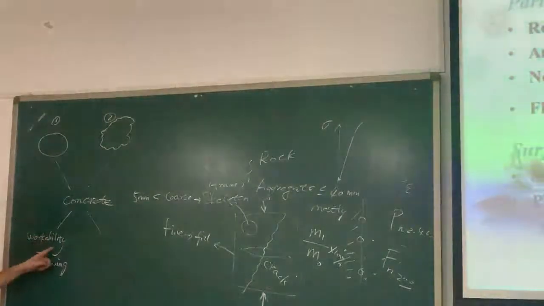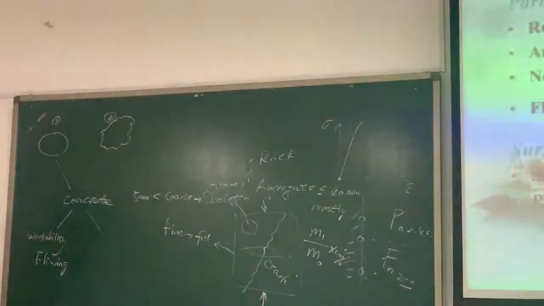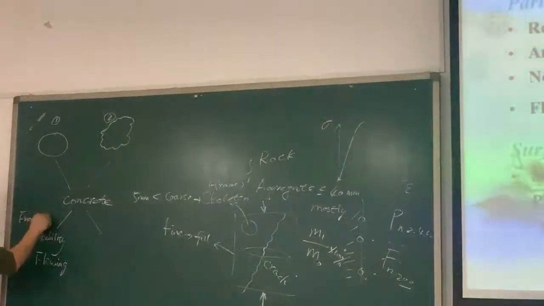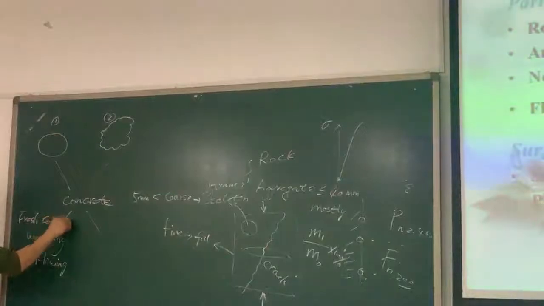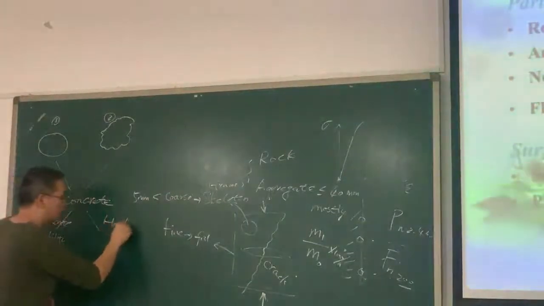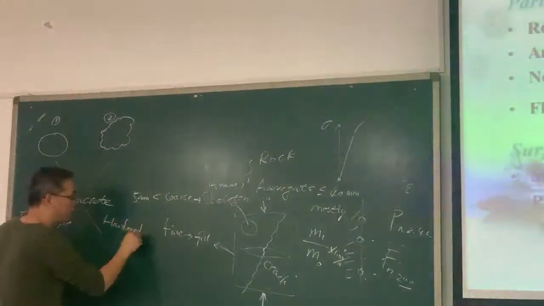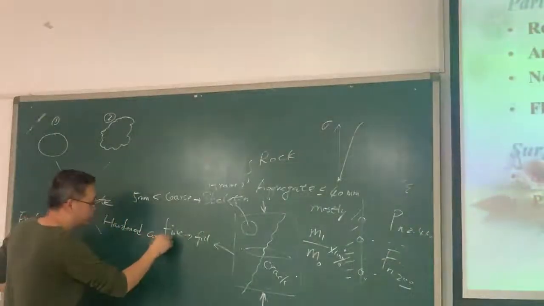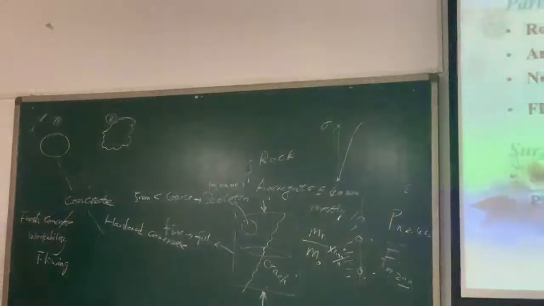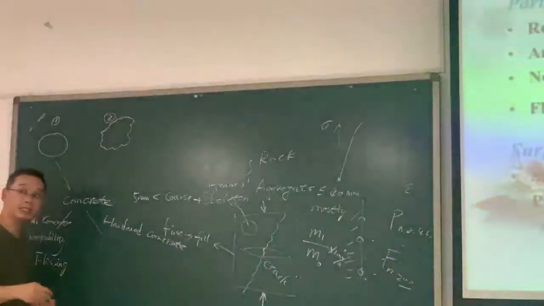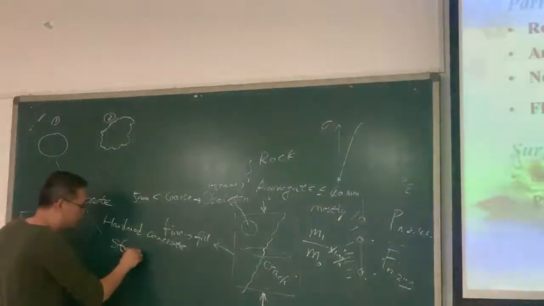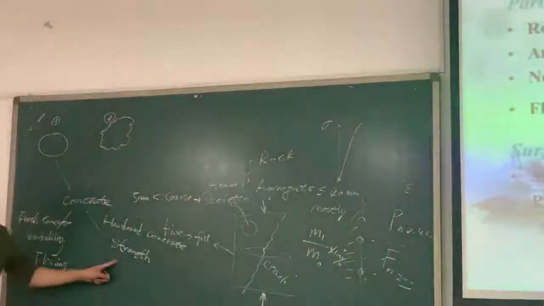So this is the workability of the fresh concrete. And another one is for the just hardened concrete. For the hardened concrete, there is a very important property, that's strength.